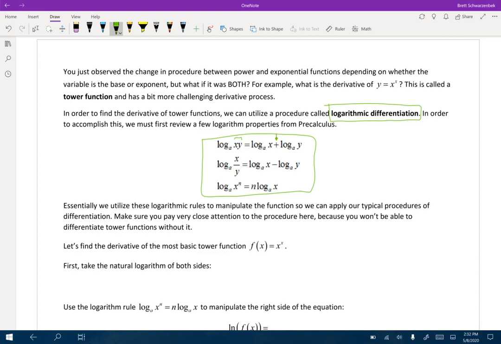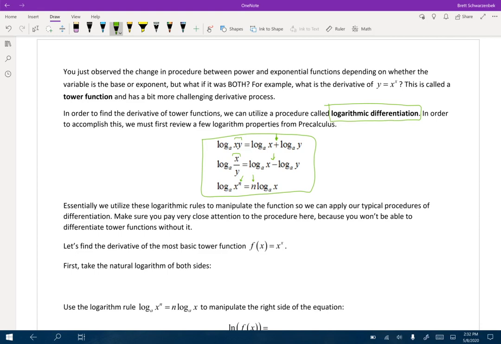Just like the log of a quotient is the same as the difference of the individual logs. Also, if you have the log base a of x to a power, the power can go to the front of the log. These are very basic log rules that you learned in pre-calculus. We are going to need those in order to do what we want to do.